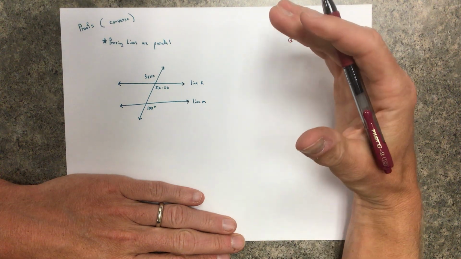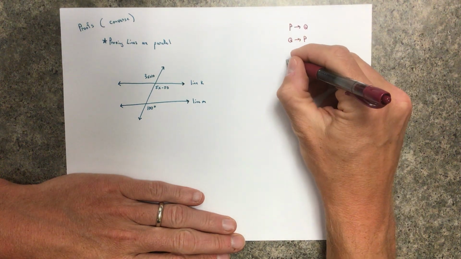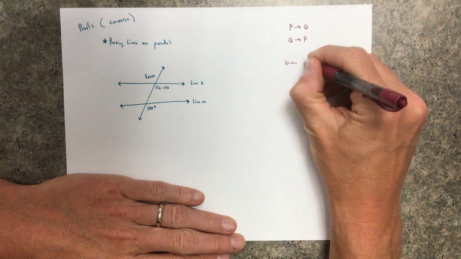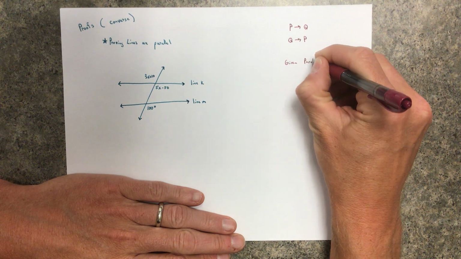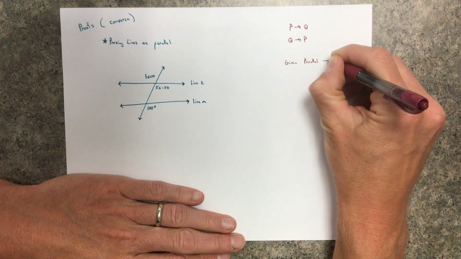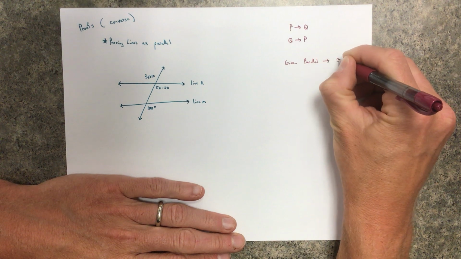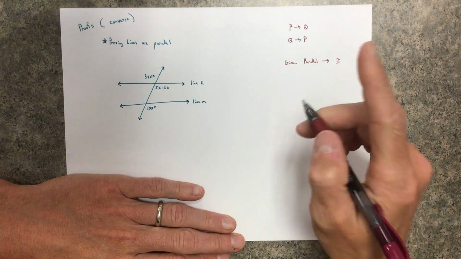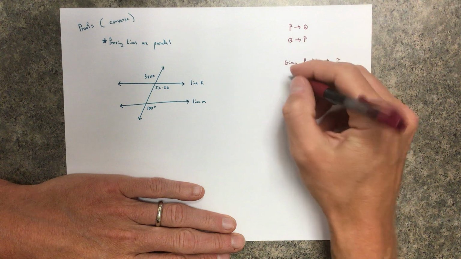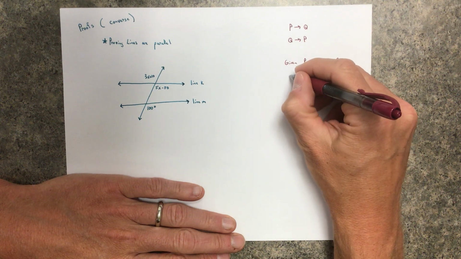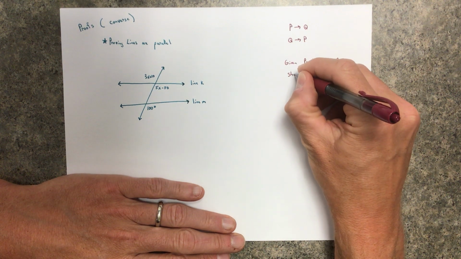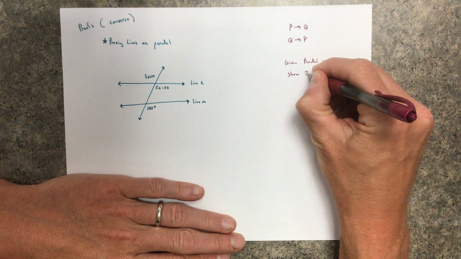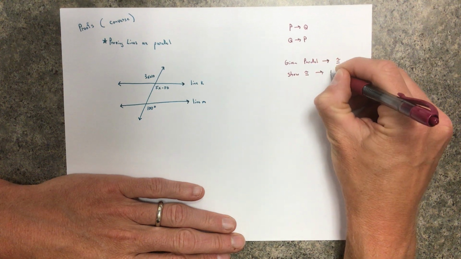At the beginning of this unit, we were given parallel lines, and then we tried to prove certain things were congruent or supplements. Now we're going to have to show certain things are congruent, and then that will prove lines are parallel.